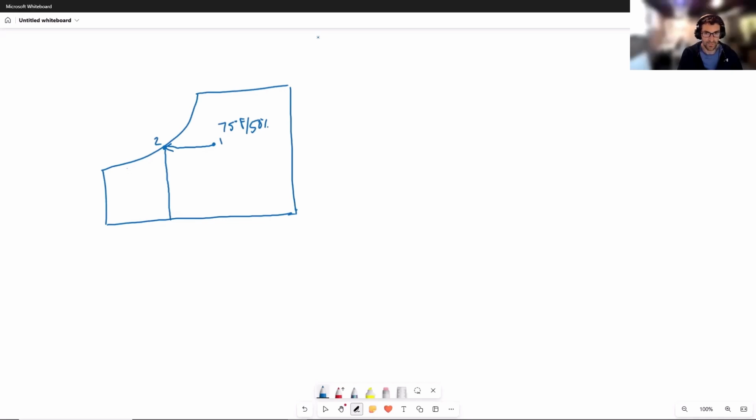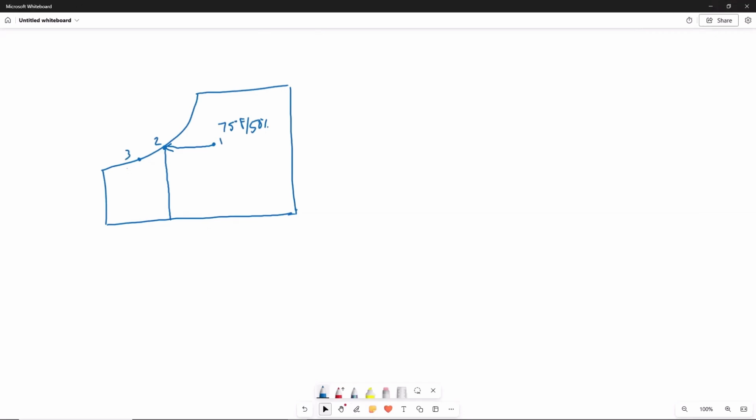So the process of going from 1 to 2 is purely sensible cooling. If we cool it further, if we go onward from state 2 to some other point further down the line, we'll call that state 3, then we continue to cool sensibly.